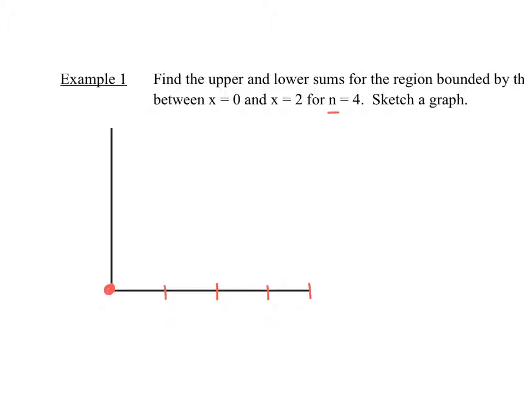All right. With n equals 4, and n again is the number of subintervals. The number of subintervals is the number of rectangles that we're going to create. All right, so 0, 0 would be a coordinate because we're graphing y equals x squared.